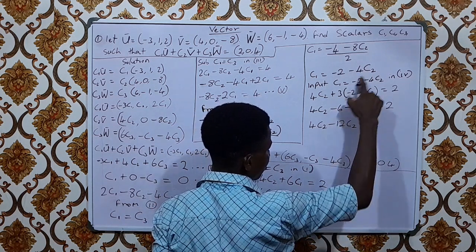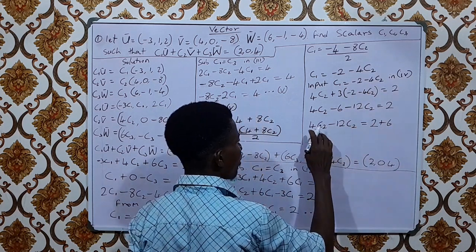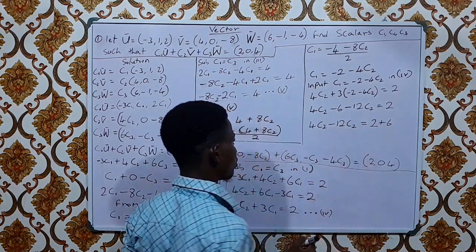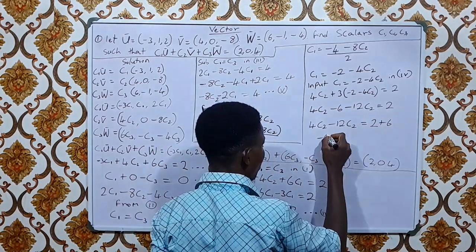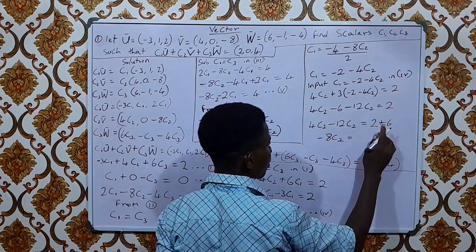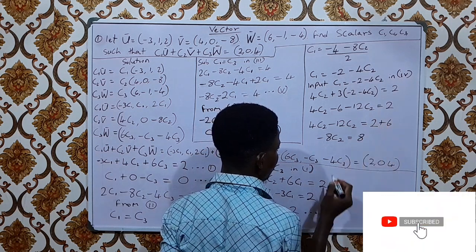This -6 crosses, changes to +6. So from here, 4C2 minus 12C2 will give us -8C2, which will now give us 2 plus 6, which will give us 8 also.